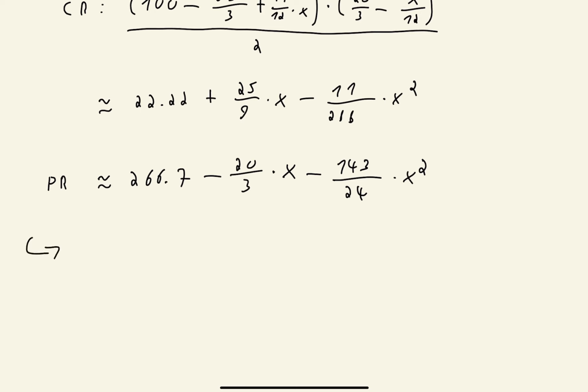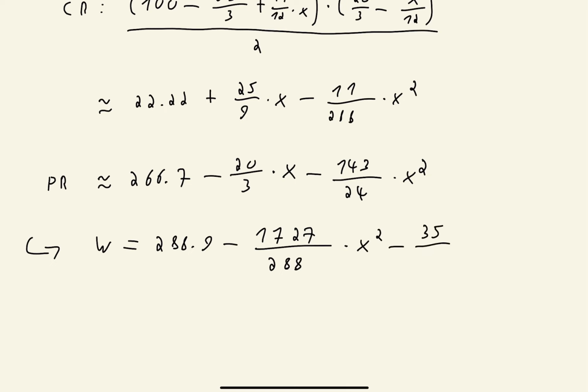Therefore, if we add up consumer rent and producer rent, the welfare is then 288.9 minus 1727 divided by 288 times X to the power of 2 minus 35 divided by 9 times X. So this is basically the welfare depending on the tax X. And if we consider the deadweight loss, you remember that the welfare before was 288.9.